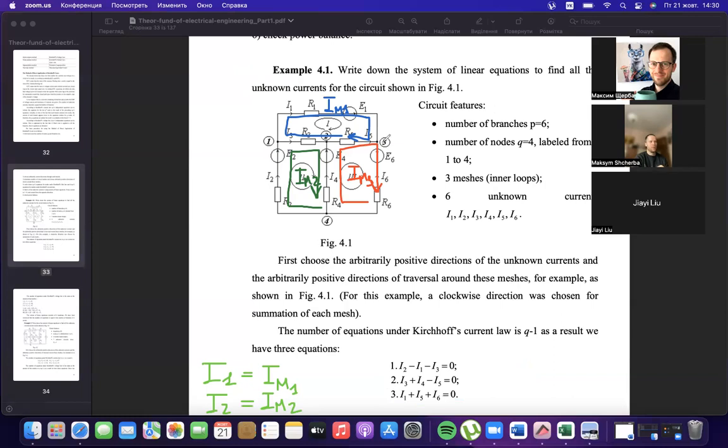Then current number 3, here it is, the direction. If we compare the real current with our imaginary currents after the substitution, it should equal the same direction IM2 and the opposite direction IM1, as we see just looking at the arrows. And I3, the real current, should equal minus IM1 plus IM2.